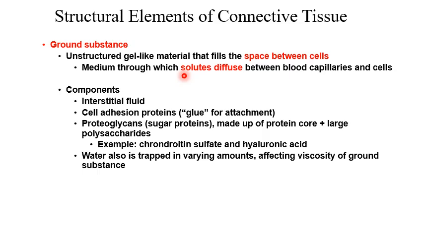Okay, one thing that is important to know here is that whatever is going to go through this medium is going to be diffusing through this ground substance. Remember that we said that when you have epithelial tissue that forms the boundaries, that epithelial tissue is not vascularized.